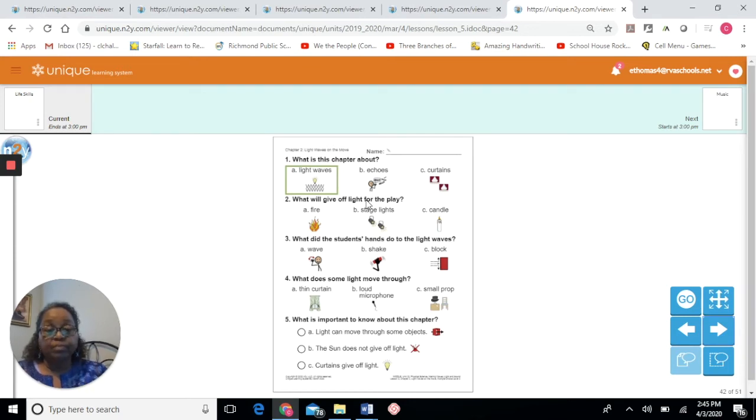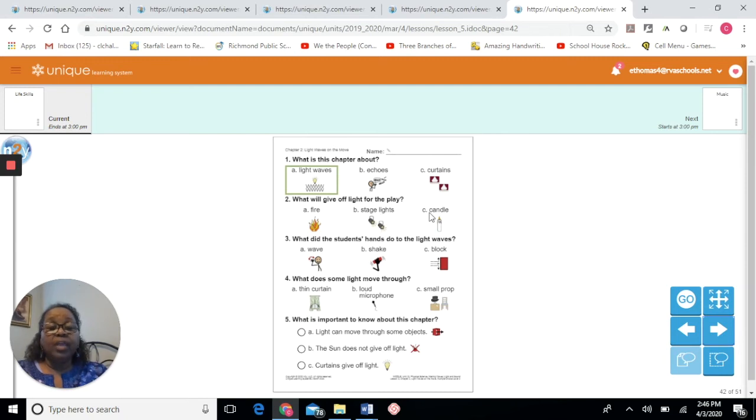That's important. Let's see. Fire, stage lights, candles. I think we can get rid of one of these. They never mentioned fire in our story. And I don't think we want an open fire on a stage. So let's slash and trash A. We will not use that as a possibility. What will give off light for the play?